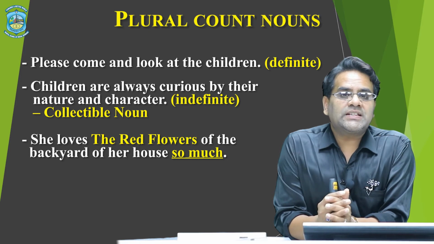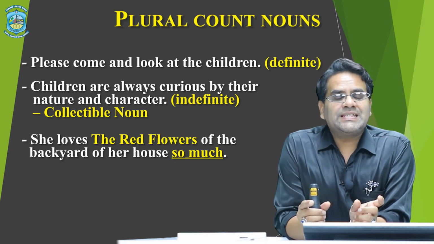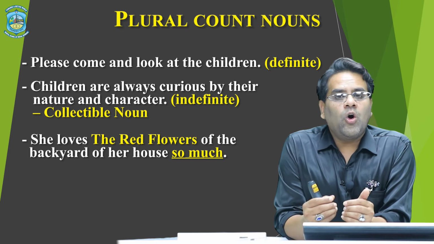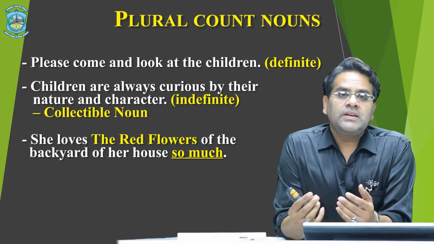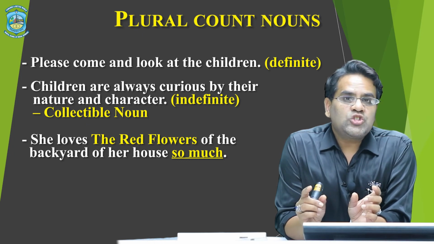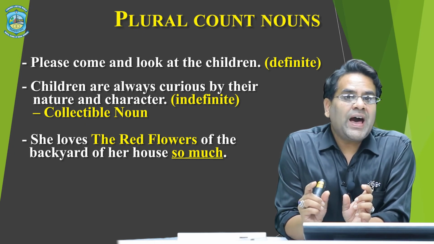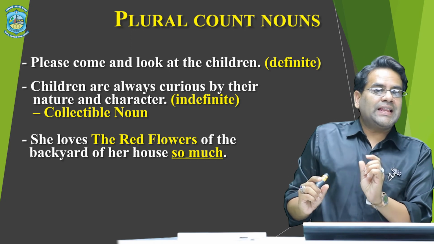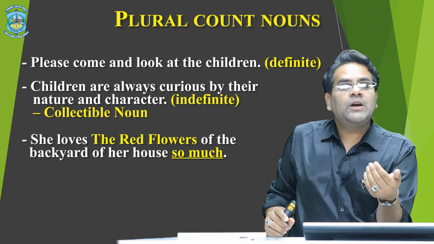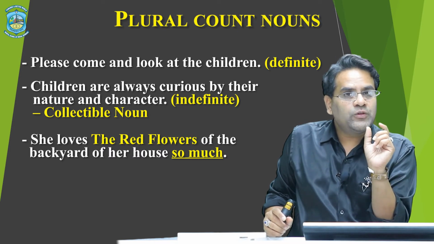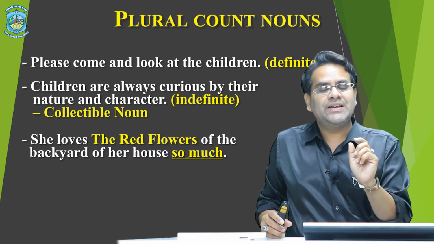So we have to see whether the situation is definite or indefinite, or whether we are considering it in a form of countable or uncountable, things tend to change because we are specifying something. Like in this sentence with "so much," we have used red flowers. So I've attached the article "the" with red flowers.